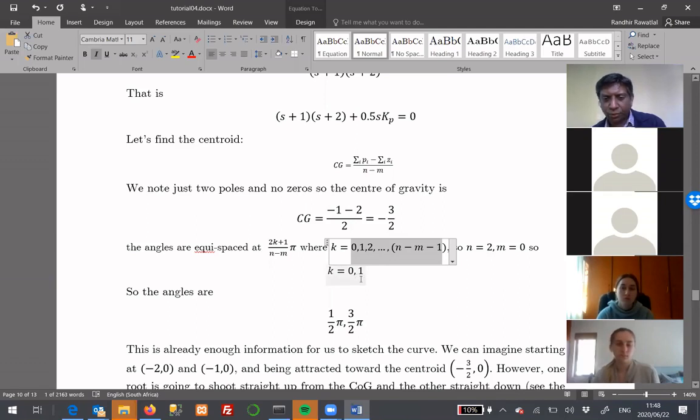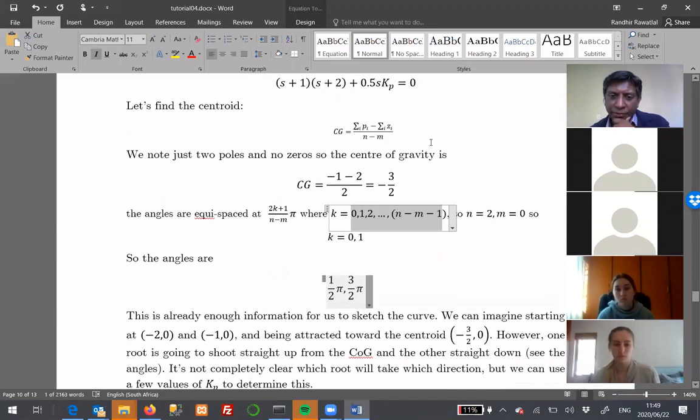So those are your k values. And so you can say that your angles are going to be 2k plus 1 over 2 times pi. So when k is 0, this is 1 over 2 pi. And then when k is 1, this is 3 over 2 times pi. So those are the two angles of your asymptotes.